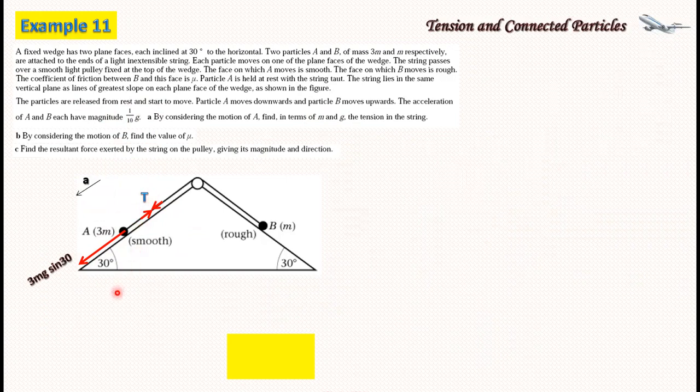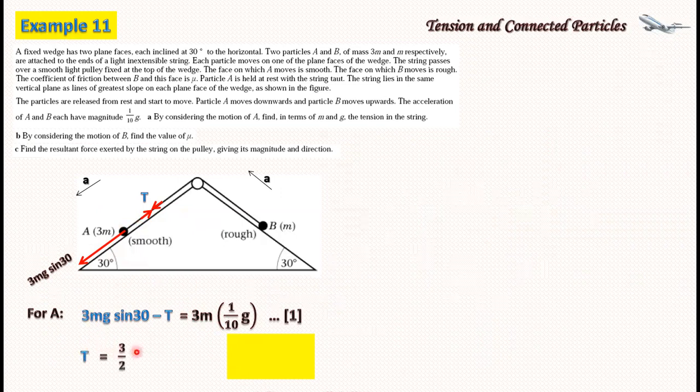So for A, we have 3mg sin 30 minus T equal to its mass times the acceleration. You simplify this, we'll have T equal to 3 on 2 mg minus 3 on 10 mg, which is equal to 6 on 5 mg. So that gives us 6 on 5 mg.